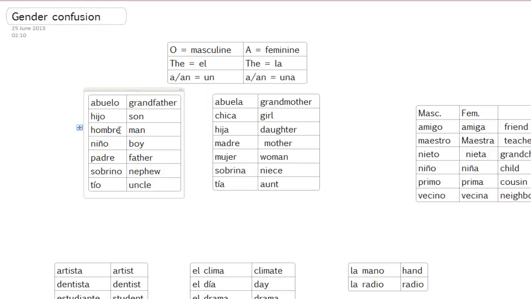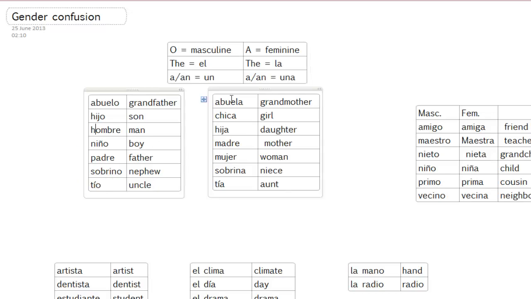Hombre, well, that doesn't end in O, but it means man, so it's obviously going to be el hombre. A boy, el niño. And a father is going to be el as well, padre. Sobrino, nephew, el sobrino, and uncle, el tío.